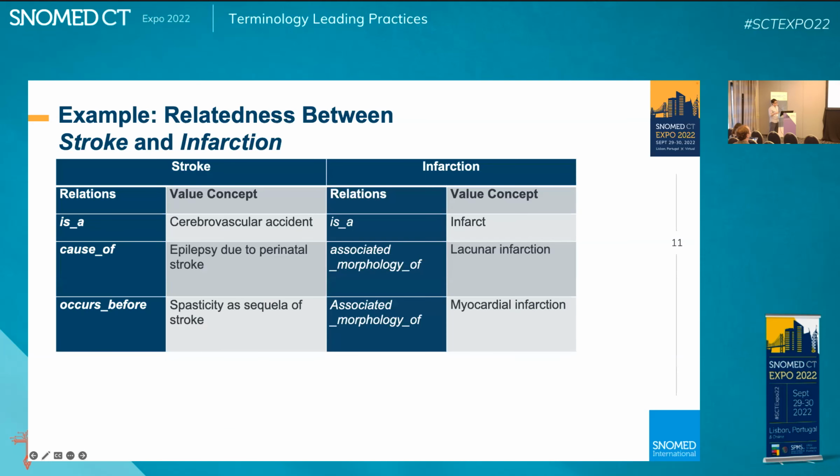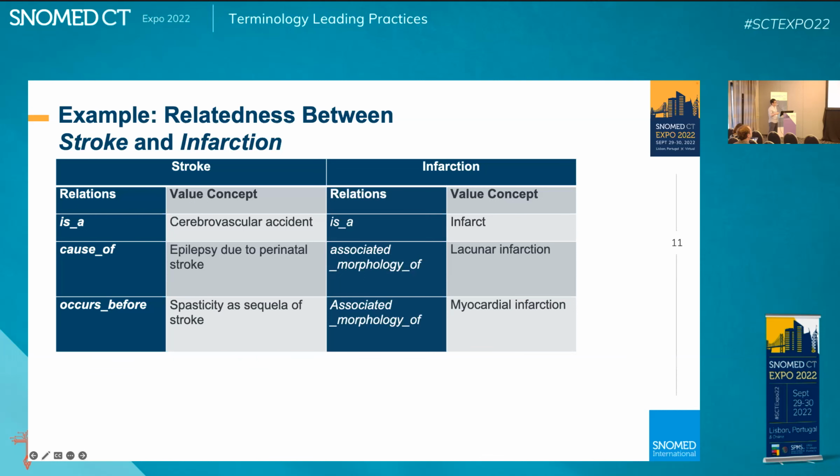For the illustration of the current approach, let's assume that we are measuring relatedness between stroke and infarction using the current method, and assume that each defining concept has one IS-A relation and 2 attribute relations. So the value concepts for stroke are cerebrovascular accident, epilepsy due to motor stroke, and epilepsy as a sequela of stroke, which correspond to the IS-A concept and the two attribute relations respectively.